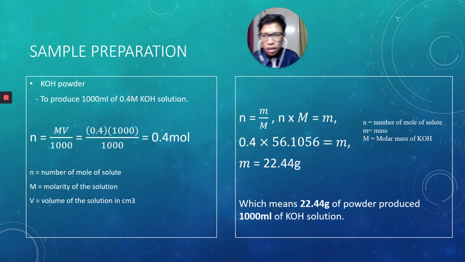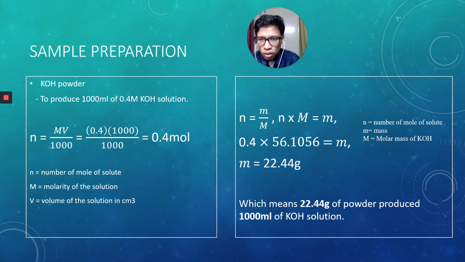Okay, next is how to make the KOH solution. First I got the KOH. The activator that I use for my project is KOH, which is potassium hydroxide. I got it in powder form, so we need to change it to a solution.